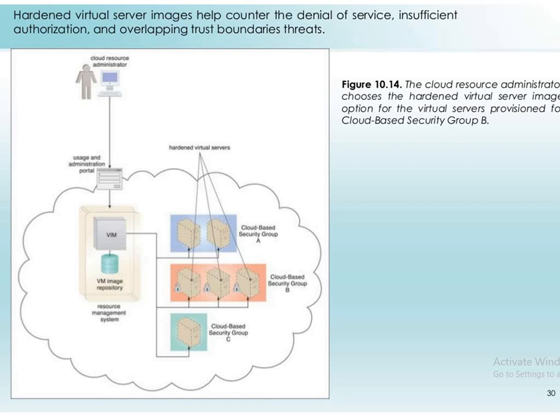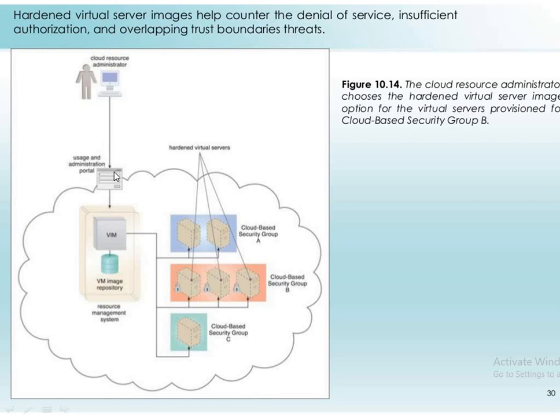The cloud resource administrator chooses the hardened virtual server image option for the virtual servers provisioned for cloud-based security group B. Here we can see the cloud resource administrator and the usage and administration portal.